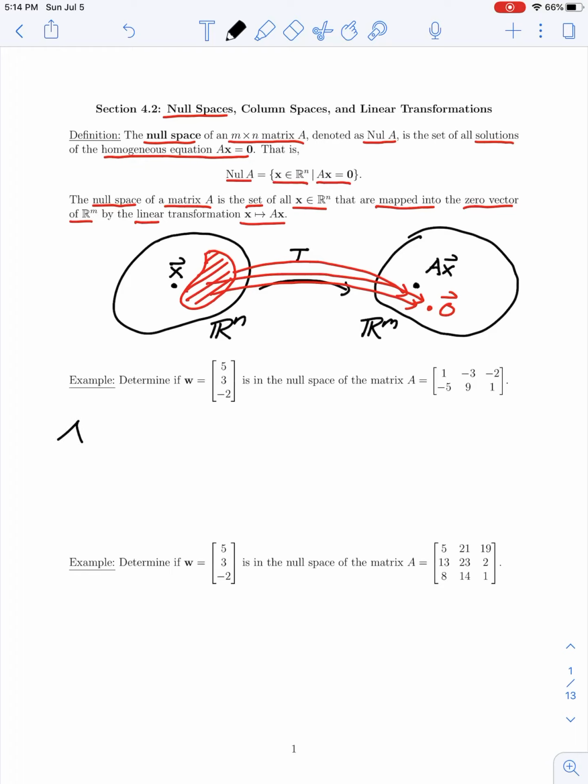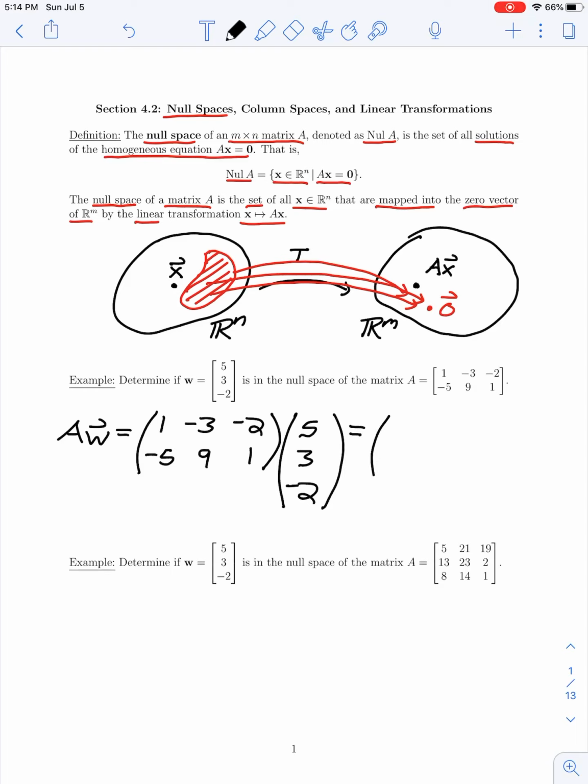So let's consider the product A times w. Here A was the 2 by 3 matrix, 1, negative 3, negative 2, negative 5, 9, 1. And we're multiplying by the 3 by 1 vector, 5, 3, negative 2. So we will get back a 2 by 1 vector, where the first entry is found by taking the dot product of the first row of A with our column vector.